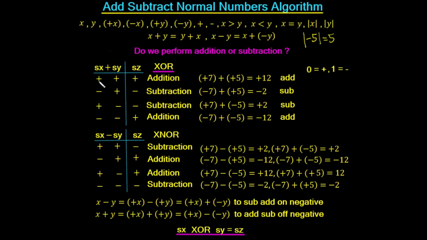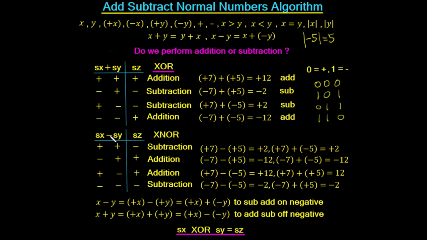So in effect we could replace the positives here with a 0, and we could replace the negatives with a 1. So this table here could actually be written as the 0, 0 giving us a 0, or the 1, 0 giving us a value of 1, or the 0, 1 giving a value of 1, or the 1, 1 giving a value of 0. So this here is an exclusive OR.